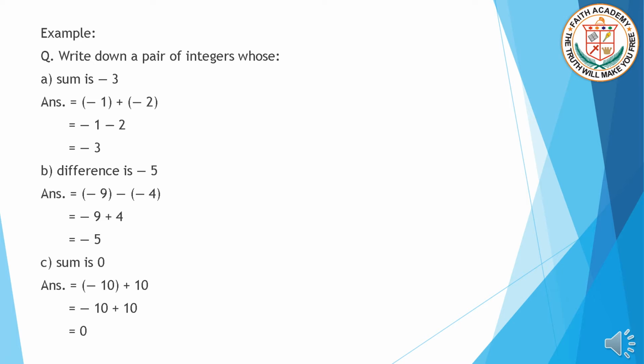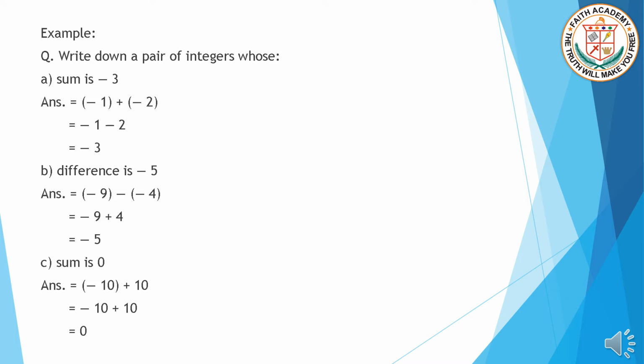Again, you can see that I have used the rule of signs, and when two similar signs come together, they become another sign. So here it is minus and minus, it becomes plus. So now the next step says minus 9 plus 4, and here I got the answer as minus 5, which is what the question had asked.